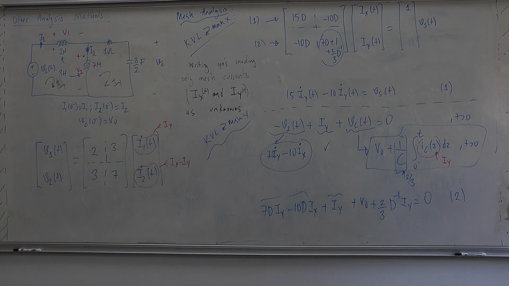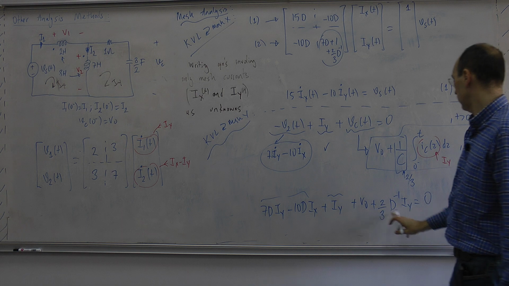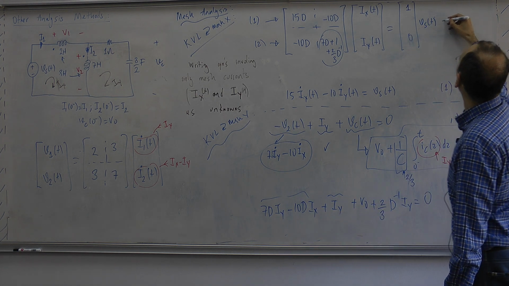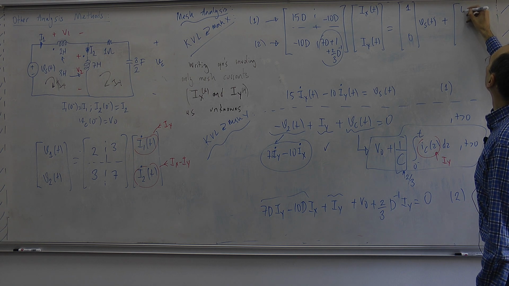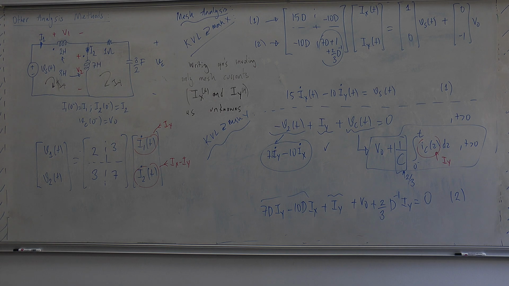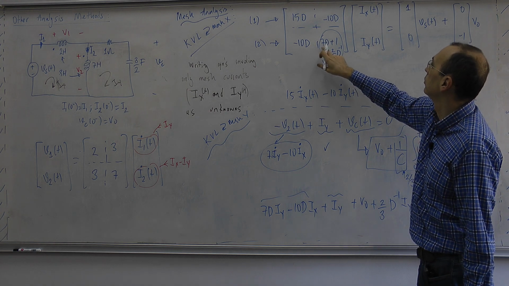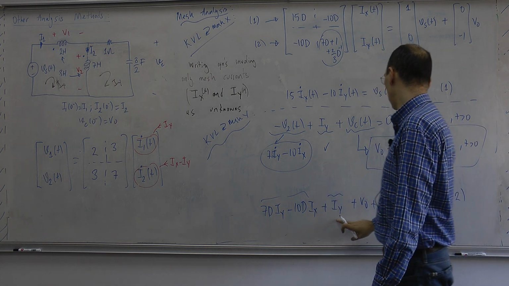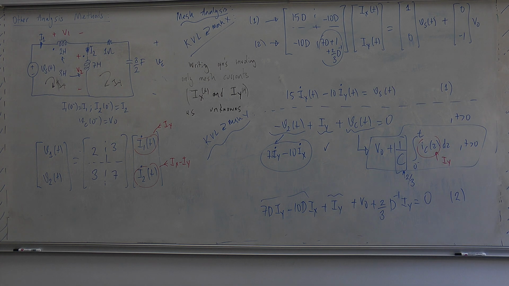Okay. And then I have handled iy, so I'm left with this thing. So my second equation is done. How many terms do I have? 1, 2, 3, 4, 5. I think I'm done.